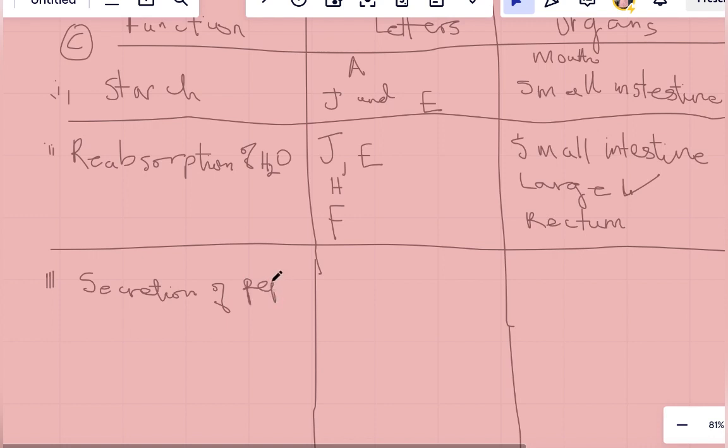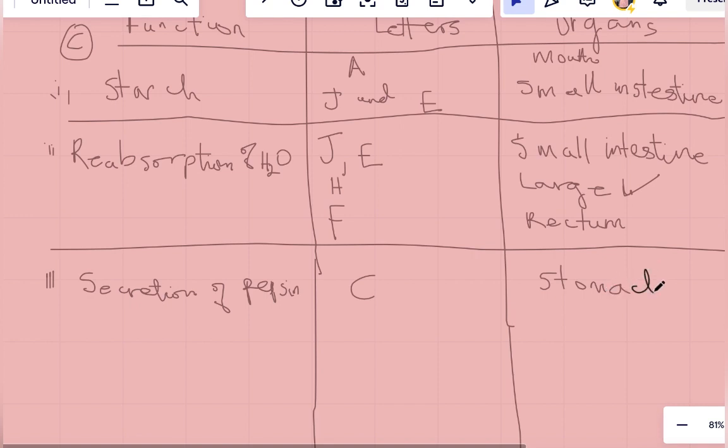Which letter is it? C, the stomach. It takes place in the stomach, right?